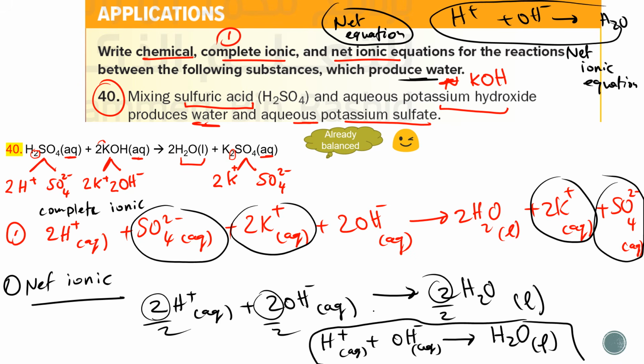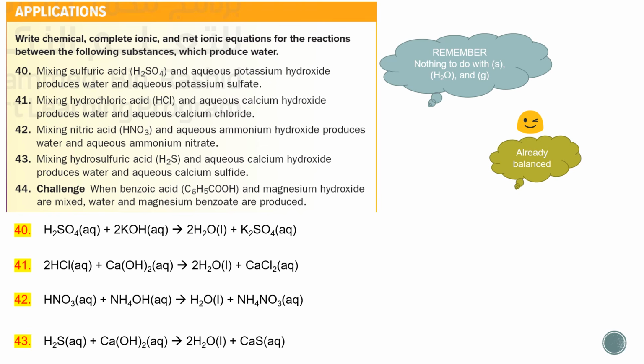In order to remove these coefficients, because they have a common factor, we can write it like this, as I told you, or write it without the 2's. We can write both of them because this is the net ionic equation. And you need to practice these problems, guys. Again, you have the solutions on the Telegram group. The book is available on Telegram.